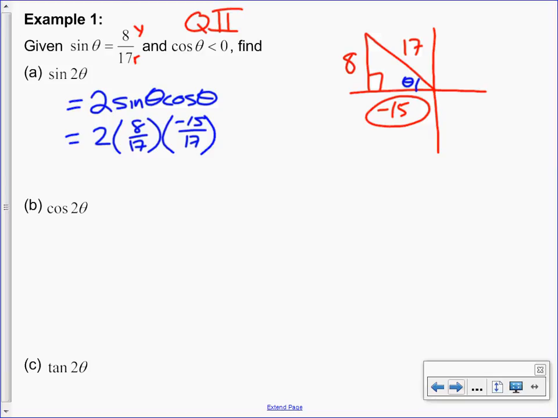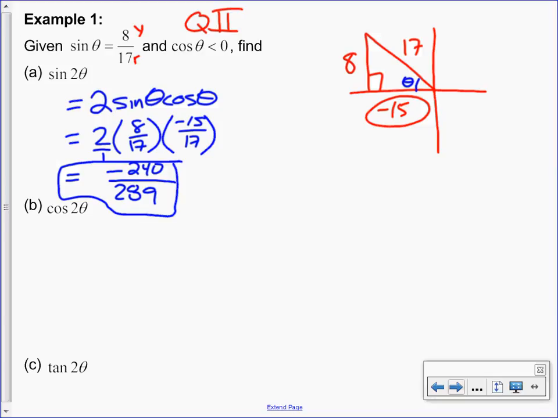I'm sorry, I said that wrong. Just pretend there's a 1 underneath that 2. So you're just multiplying 2 times 8 times negative 15, which is negative 240. Over 289. And I don't think that reduces. It doesn't. That's good.